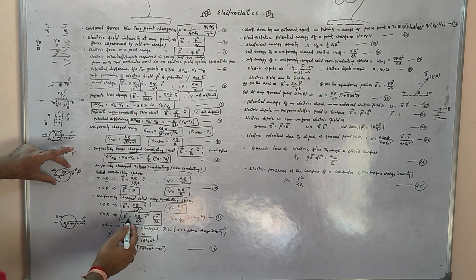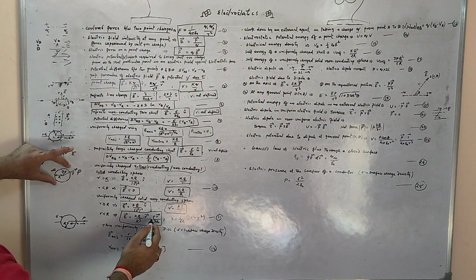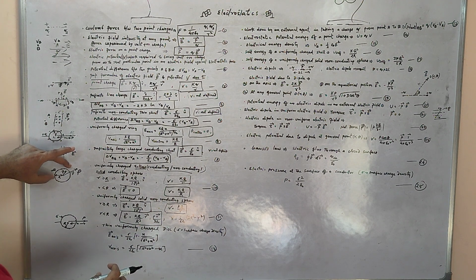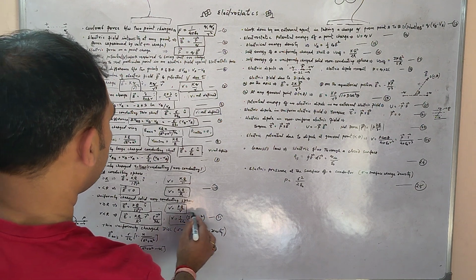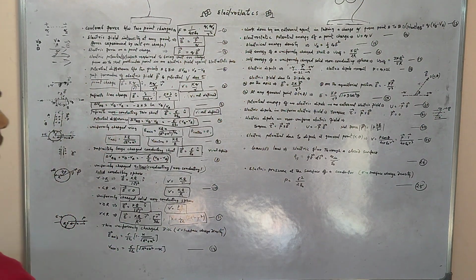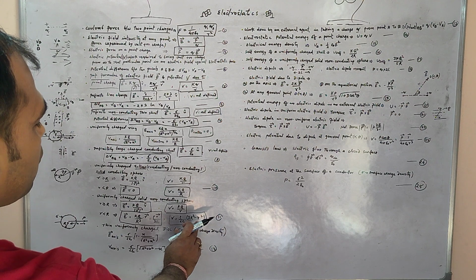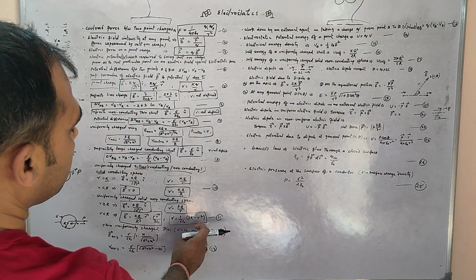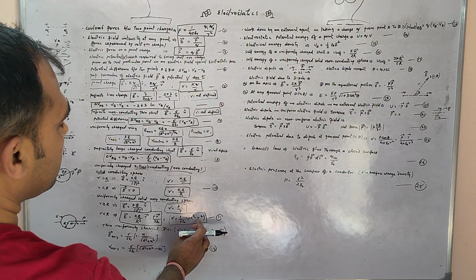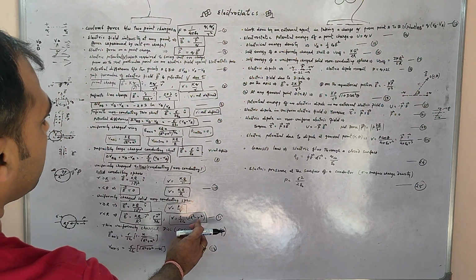So the value of E will be kq/R cube times position vector r, that can be given as rho r by 3 epsilon naught, where rho is the volume charge density. So V can be given as rho upon 6 epsilon naught times (3R square minus r square), R is radius, and r is the distance of the point from center, small r.